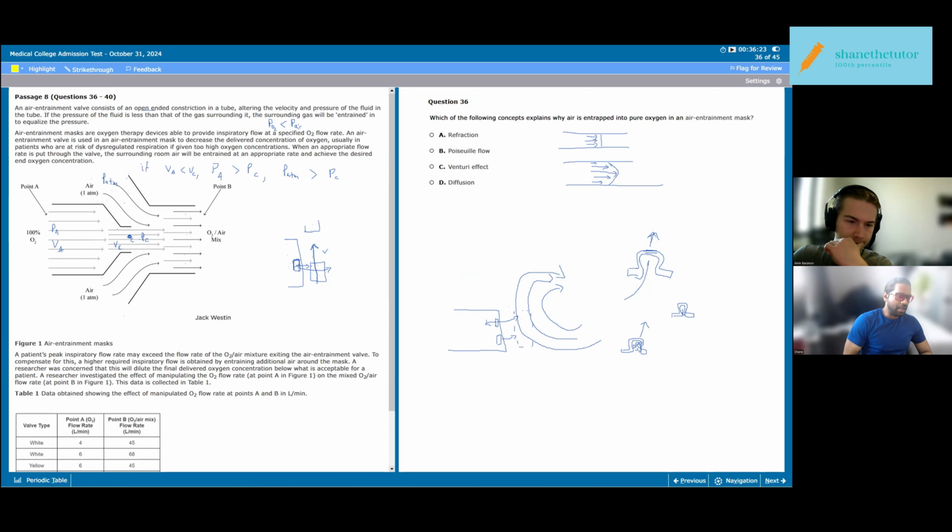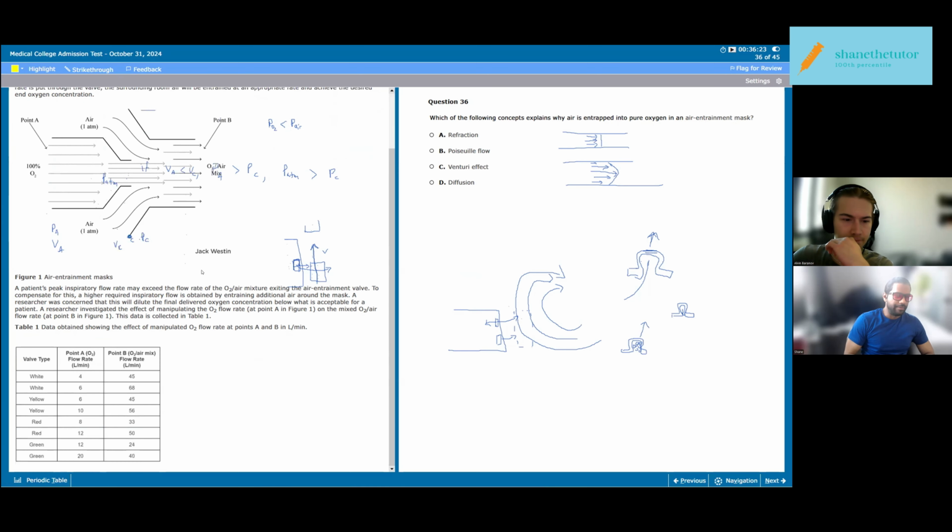So let's see. The patient's peak inspiratory flow may exceed the flow rate of the O2 air mixture exiting the air entrainment valve. To compensate for this, we have that word compensate, so it's going to do something to solve the issue that comes with exceeding the flow rate.